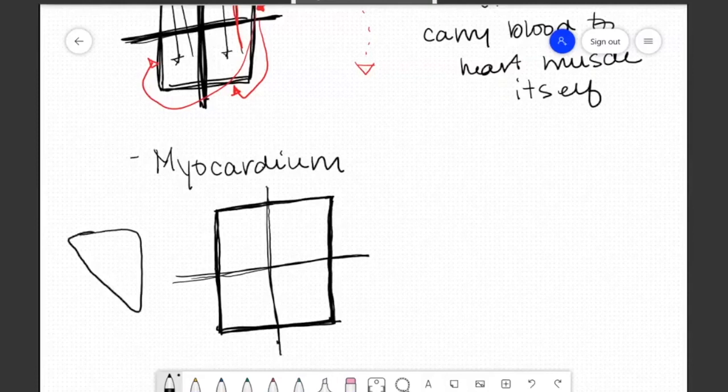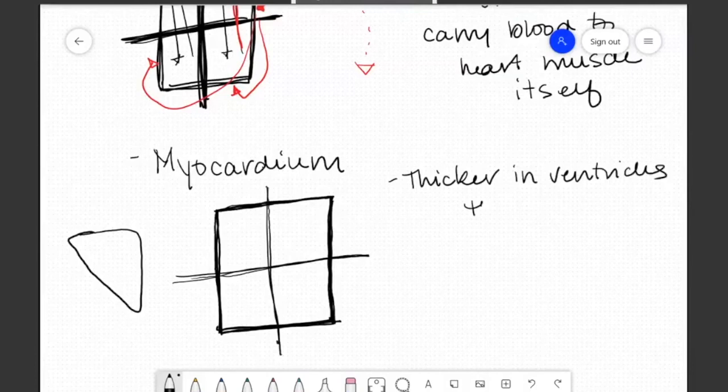So, some things about the myocardium. It is going to be thicker in the ventricles than in the atrium. So remember, here's your right and your left. Here's your atrium and your ventricles.